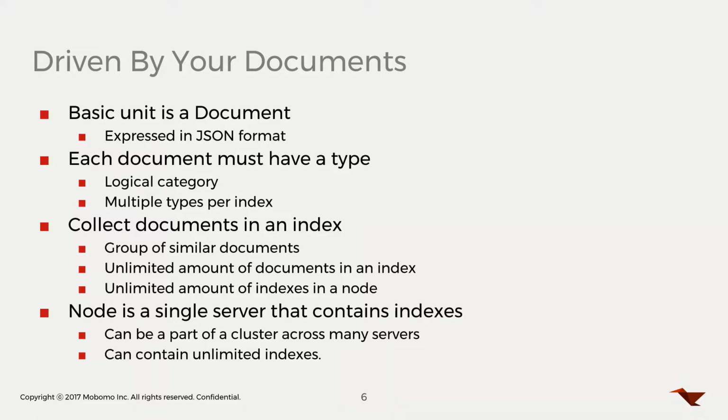So to recap, a document has a type, it's in an index, and the index is in a node, and nodes are part of a cluster. It's really kind of all you need to know about how things work in terms of its organization.